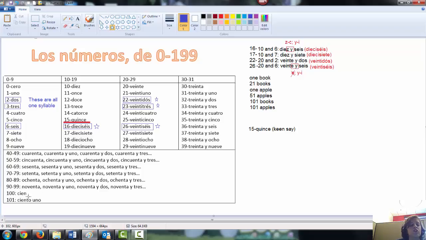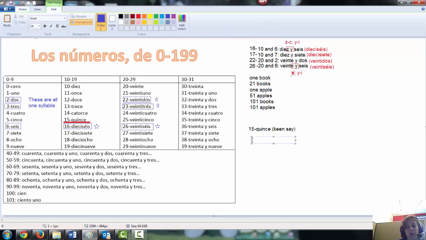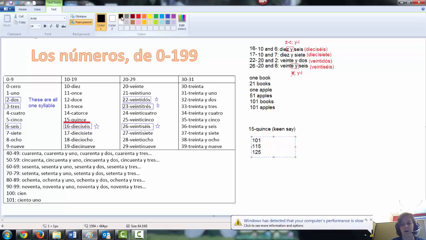However, once you go over 100, you don't use cien anymore, you use ciento. So if I have 101, which I've written out there, 115, 125, for all of these, I am going to use ciento instead of cien.